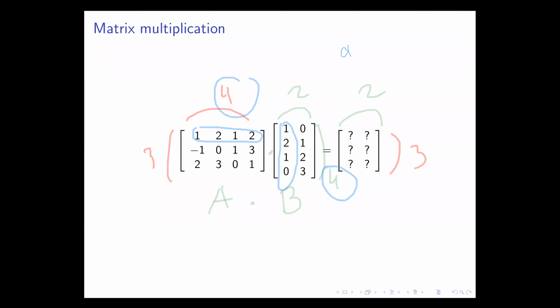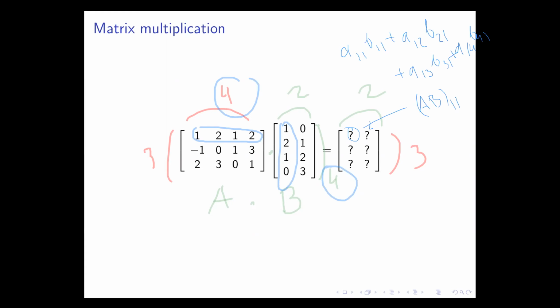So let's evaluate this number, which is AB11. According to the formula from the previous slide, we need to take A11 times B11 plus A12 times B21 plus A13 times B31, and then plus A14 times B41.